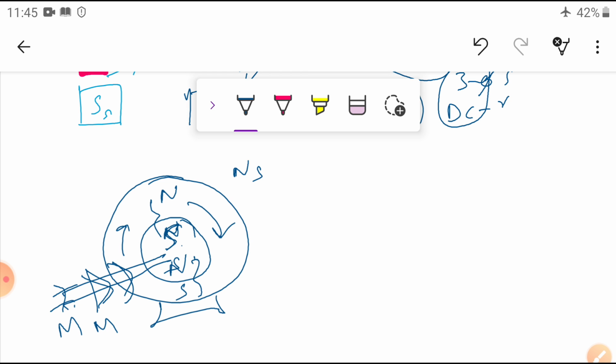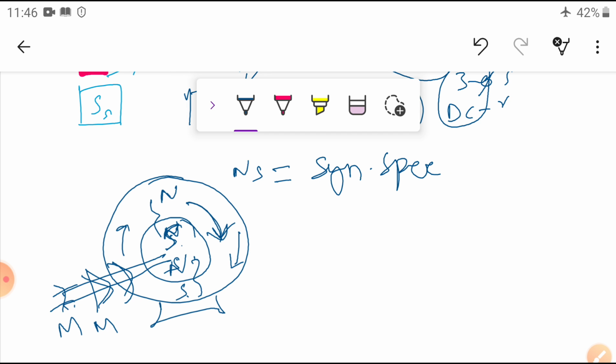Once both are rotating at the same speed, the north and south poles of both stator and rotor magnetically interlock each other. Then the rotating magnetic field of the stator drags the rotor in the same direction with the same speed. Hence the synchronous motor runs at synchronous speed only.